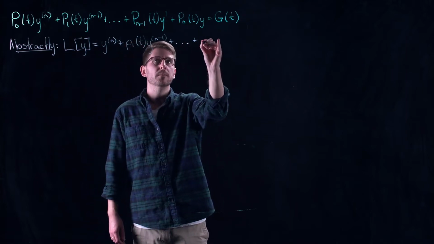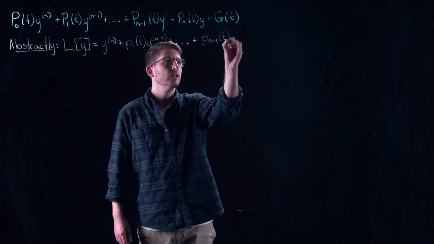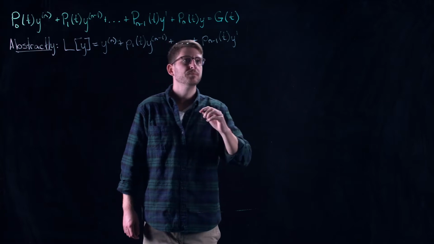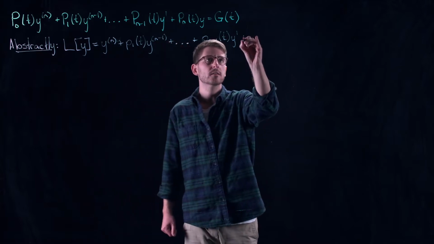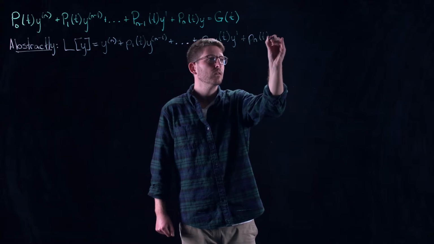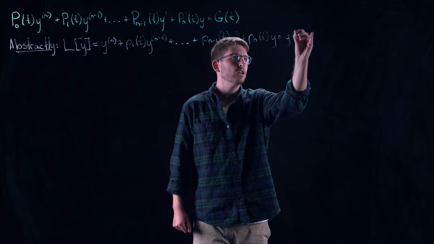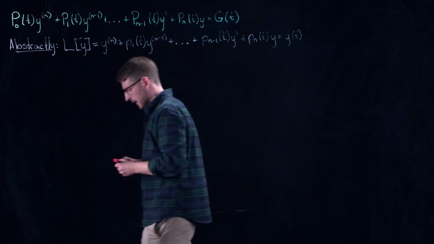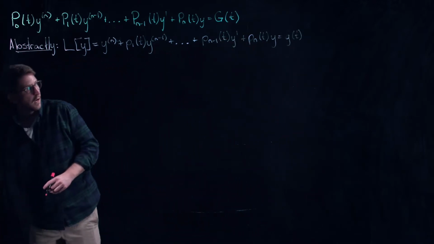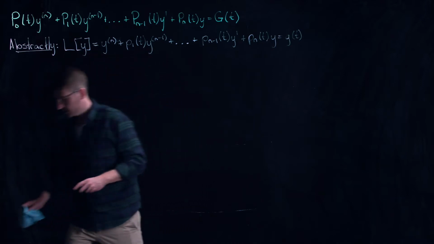All the way over to pn minus 1 of t times y prime, and then plus pn of t times y, and I'm going to use little g on the other side here too, just so that we have capital G being divided by P0 as well.